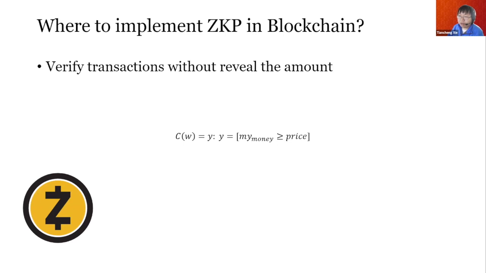A simple example is verifying that my money is larger than a given price. If so, the transaction will be accepted, and it preserves my amount of money as a secret. And it's currently deployed in Zcash, called Libra, and I will talk about it later.